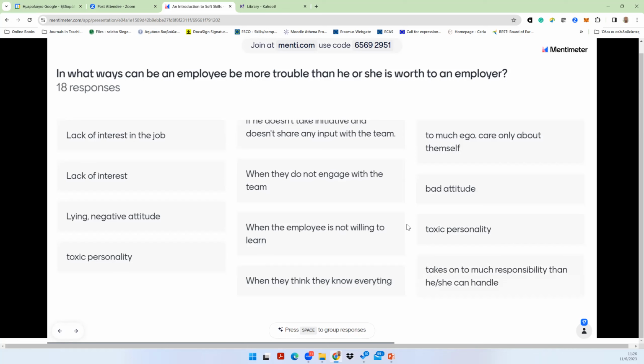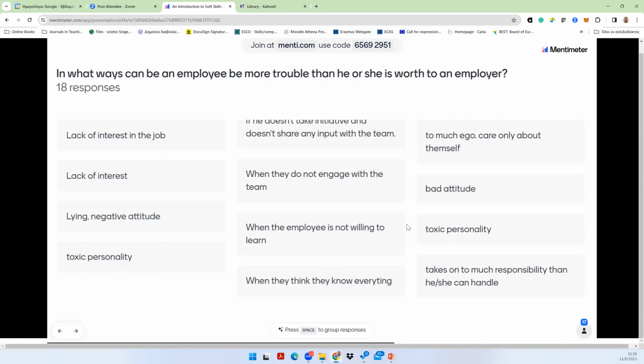So for me, toxic personality means someone who has, how to say, negative social skills, so that others, for example, in one room with this person are exhausted because this person is with them.